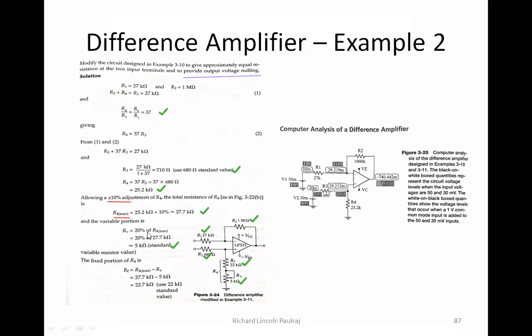So R4 max you calculate, RV you have, and RF, okay, the maximum value minus RV. Okay, so this is how we try to calculate, okay, the values and design an OPAMP.